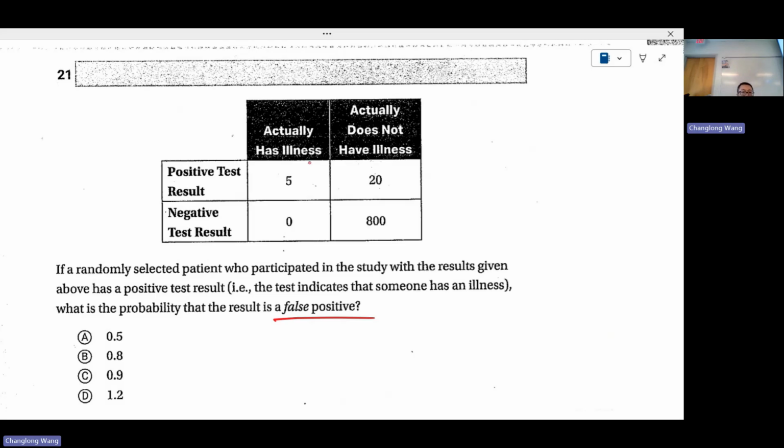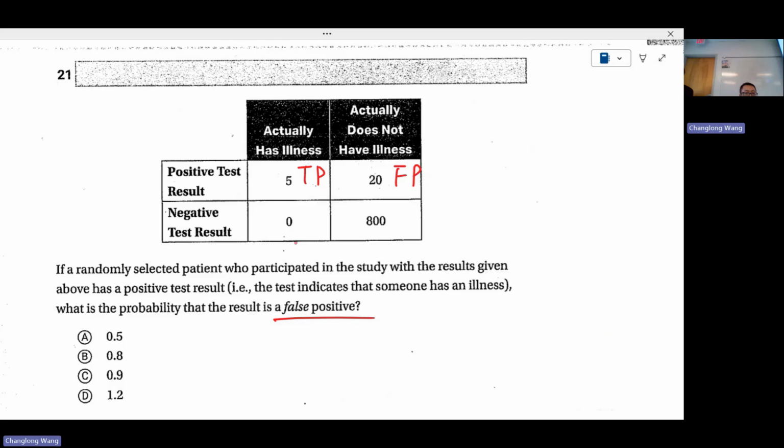So let's do that. The first, the top right corner, is true positive, right? Because whoever tested positive are sick. That's true. This one is false positive. Tested positive, but they're not sick.